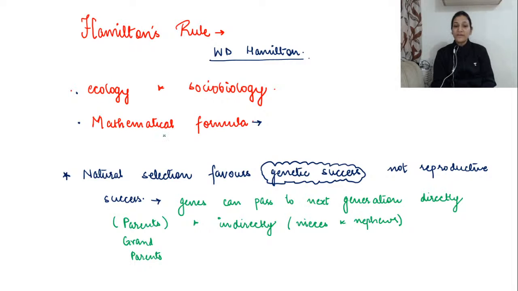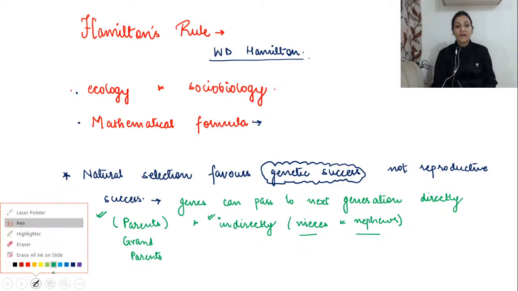So if an individual is giving birth to offspring, and is also helping their sisters, brothers and cousins pass their genes to their offspring by taking care of them, it comes under Hamilton's rule: not only the individual's own offspring, they also support other individuals.